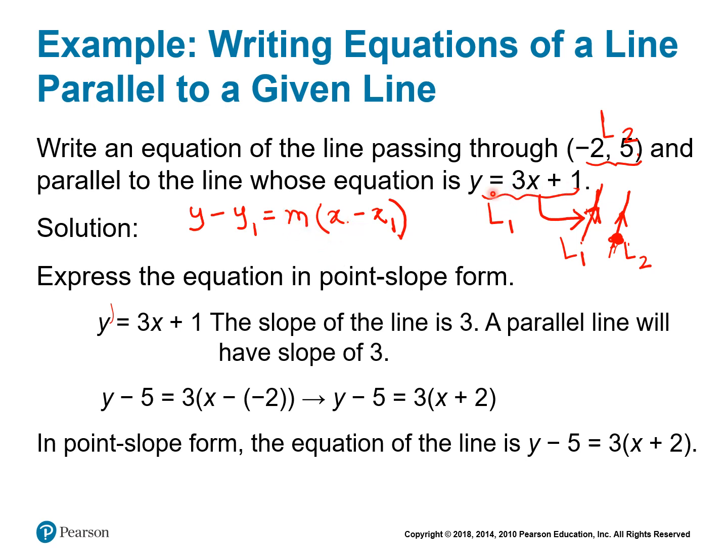Now, as you see over here, y equals 3x plus 1 is given to us in slope-intercept form. All right, so let me write that. The slope-intercept form is y equals mx plus b, where m is the slope and b is the y-intercept.